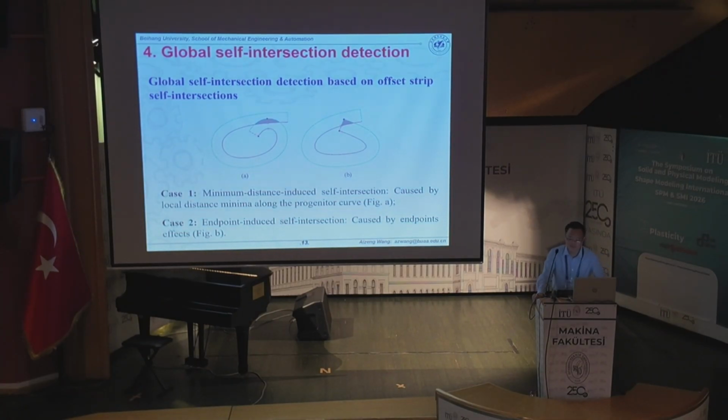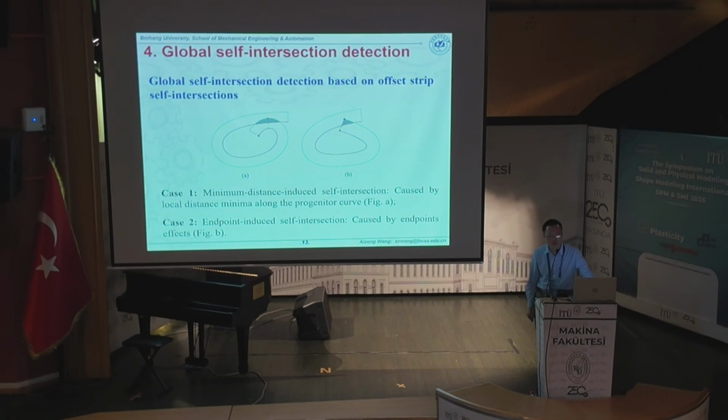See figure A. Case two is underpod-introduced self-intersection, caused by the underpod effect. See figure B. This figure shows the geometric representation of global self-intersection in offset strips. The gray area indicates the self-intersection regions of the swept offset strip.